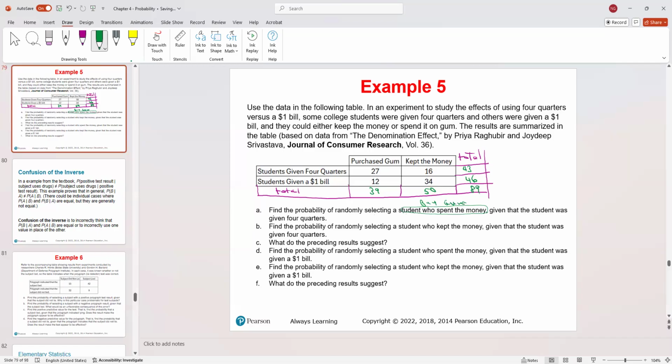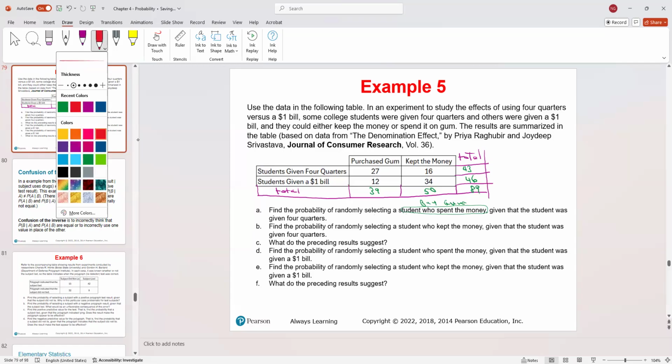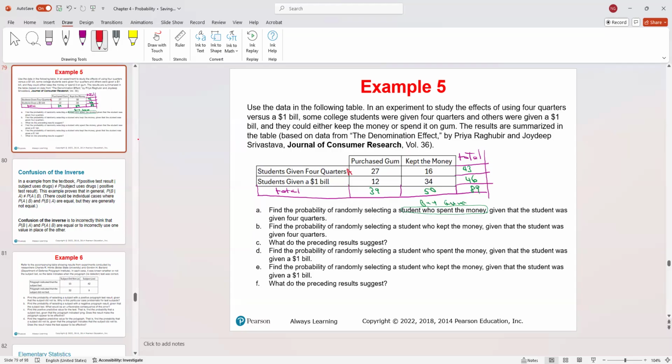How about we put in letters that we would understand better? Quarters, I'm gonna put a Q. $1 bill, I'm gonna put a B. Gums, we're gonna set G. And M, I'm gonna try to avoid putting it there.